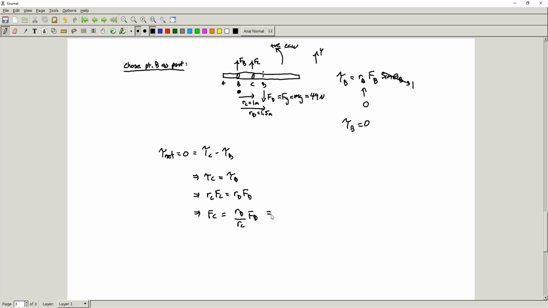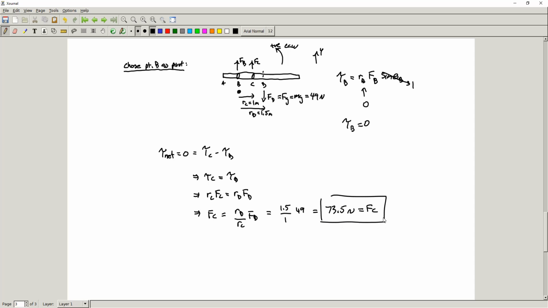Our RD in this case is 1.5, and our RC is just 1. FD we just said was 49 newtons, and if we do that multiplication, we're going to end up finding the same value again. Obviously, 73.5 newtons. That's our FC. Okay, so we just solved for it again.